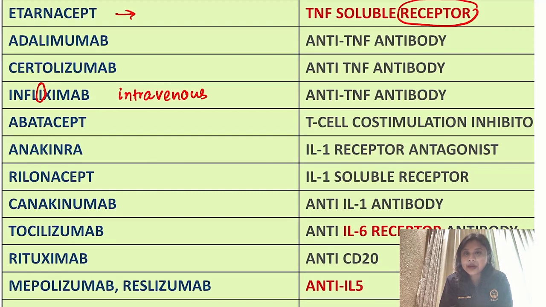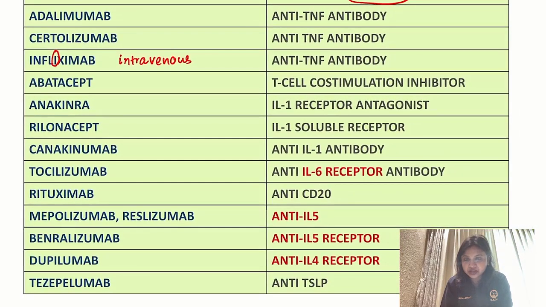Next comes abatacept. It is T cell co-stimulation inhibitor. Anakinra is interleukin-1 receptor antagonist. Rilonacept is interleukin-1 soluble receptor antibody. And canakinumab, this is a new drug, mind it. It is anti-interleukin-1 antibody.